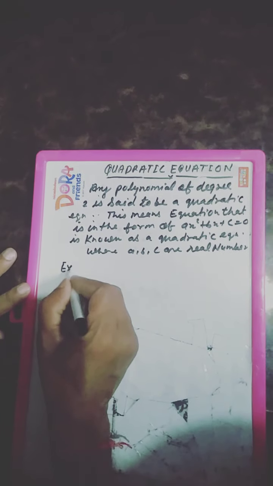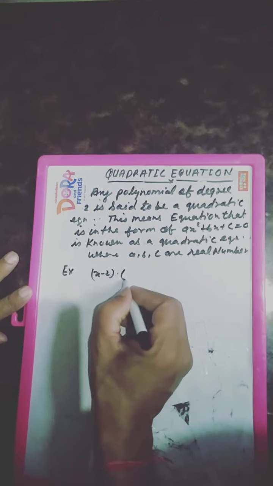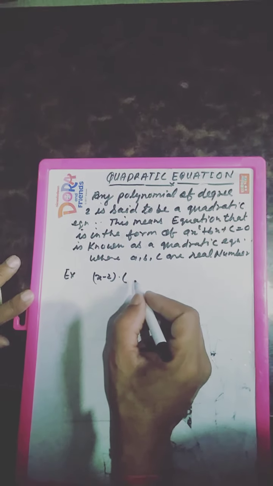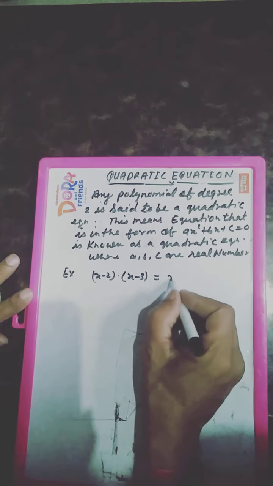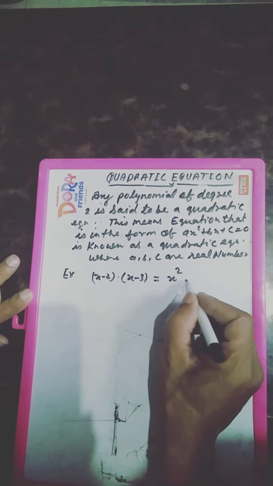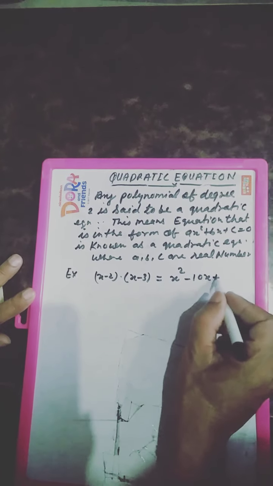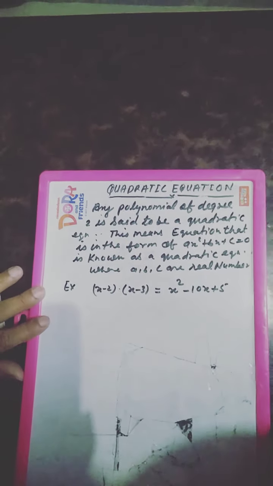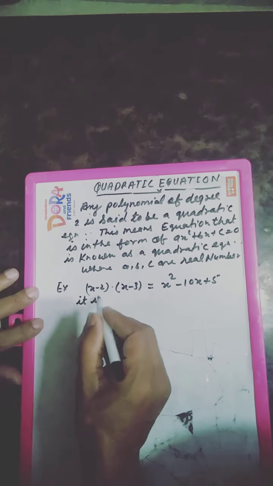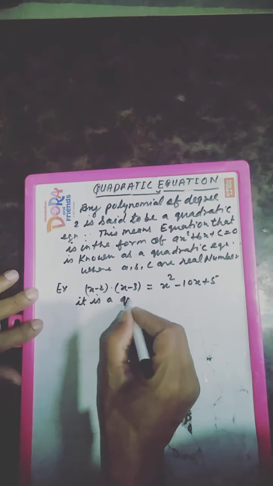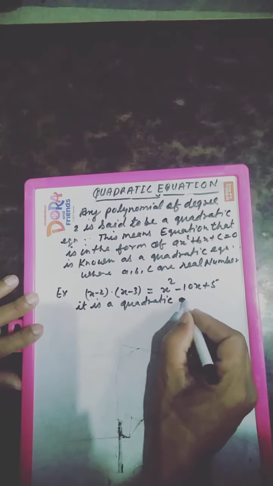Example: x minus 2 into x minus 3 is equal to x square minus 10x plus 5. Is it quadratic or not?